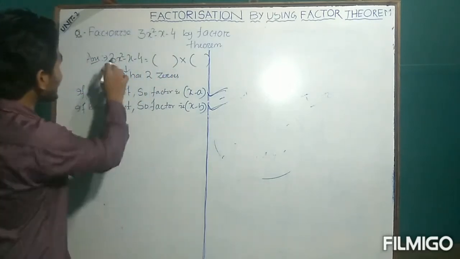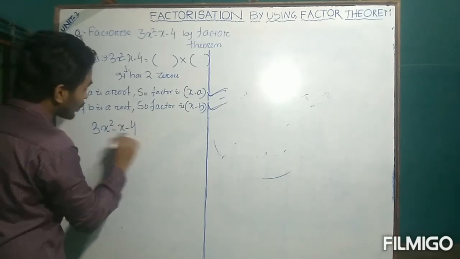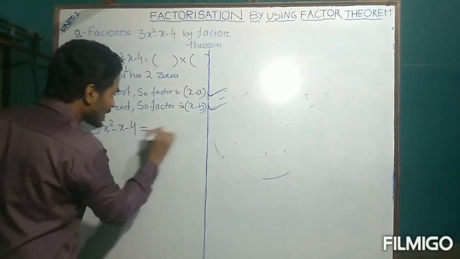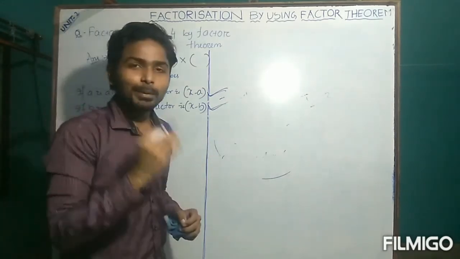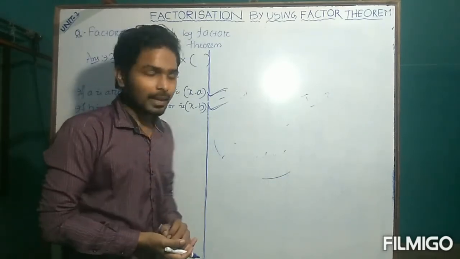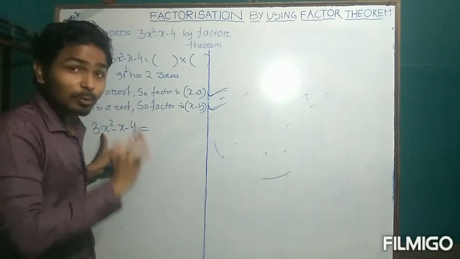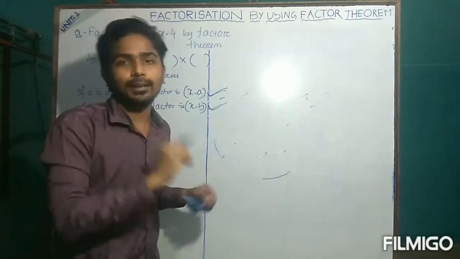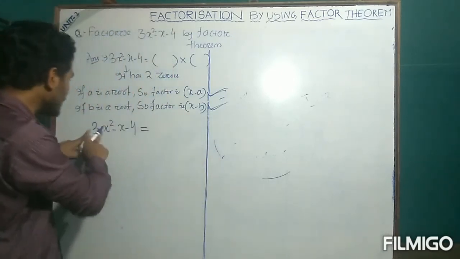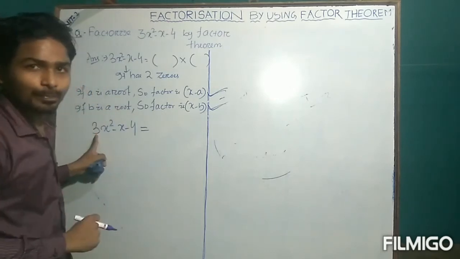So now we can write 3x square minus x minus 4, this is the quadratic polynomial, is equal to. Always keep in mind, whenever we are trying to factorize any quadratic polynomial whose coefficient is not 1, then we have to make the coefficient 1. How?